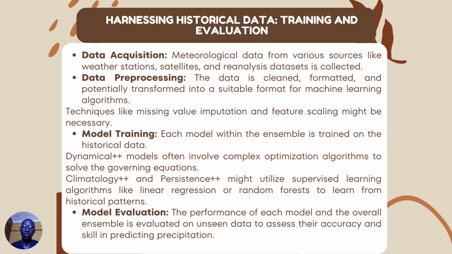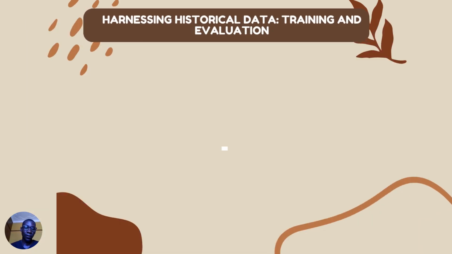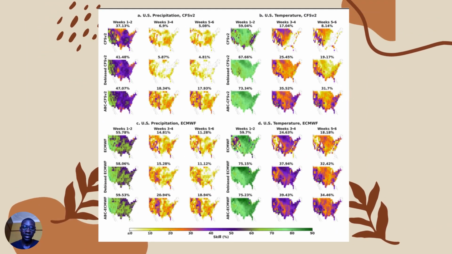So the model evaluation: each model and the overall ensemble is evaluated on unseen data to assess the accuracy and skill in predicting the forecast. Basically, this is a study of how deployed models were performing with time.